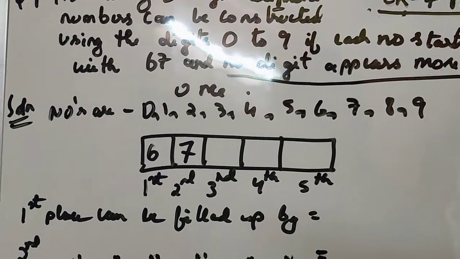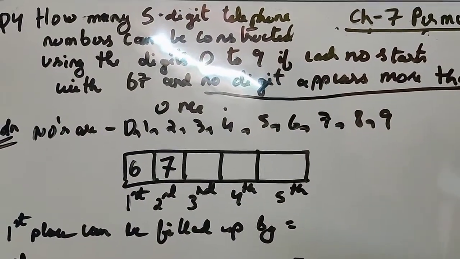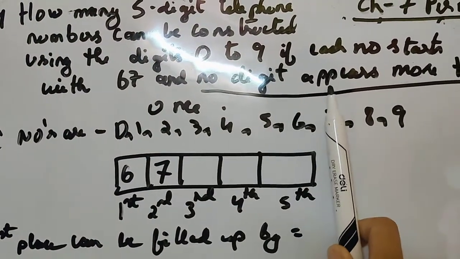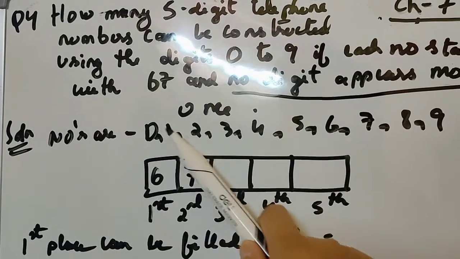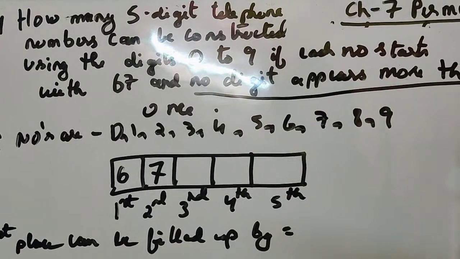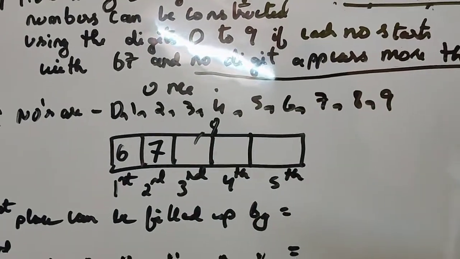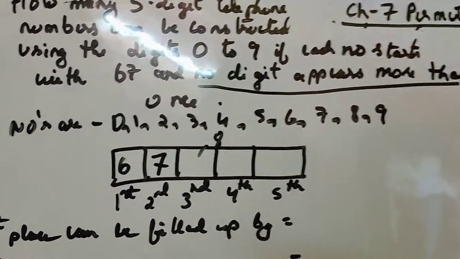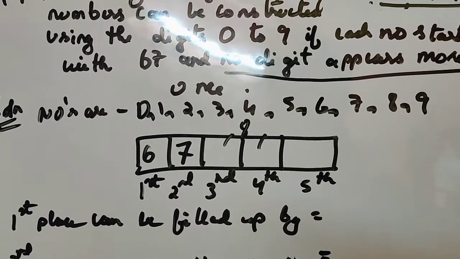Now in the third place, numbers cannot be repeated. If 6 is already taken and 7 is already taken, I will be left for the third place with 0, 1, 2, 3, 4, 5, 8 and 9. I will be left with only 8 ways. Now in the fourth place, 1 will be reduced again.